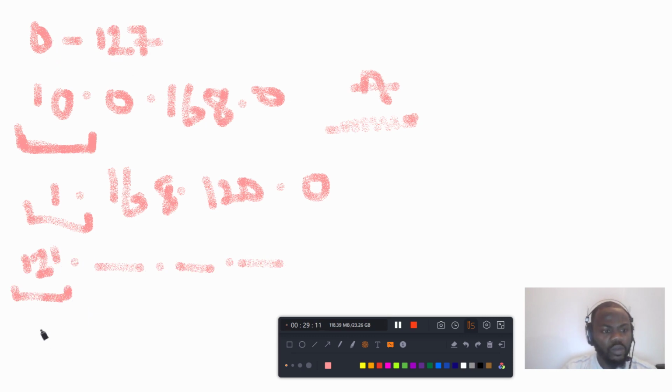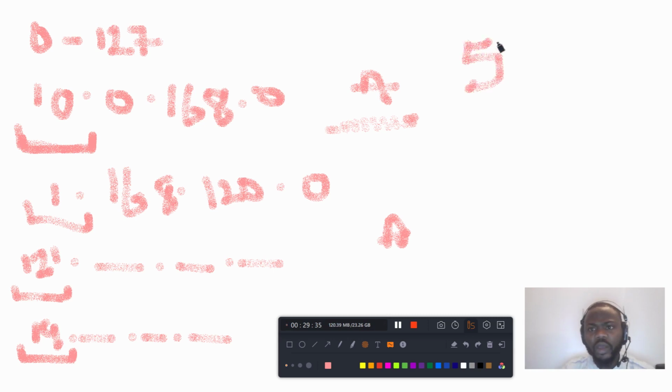If you are given, let's say, 19 dot anything dot anything dot anything, this is also a class A because looking at the first octet, it is 19. If you understand that, that's all I need to show you about this for now. Let's pick another one. If you are given 50 dot anything dot anything dot anything, the first range is 0 to 127. Yes, it falls there, so this is class A.